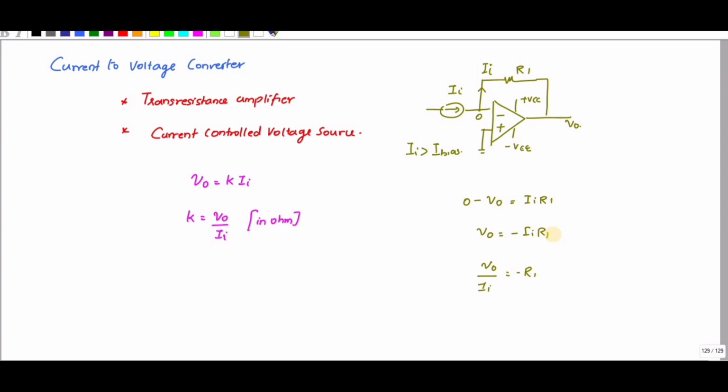Let us discuss the non-inverting current to voltage converter. Next I'm going to build the same circuit with the help of a non-inverting circuit.